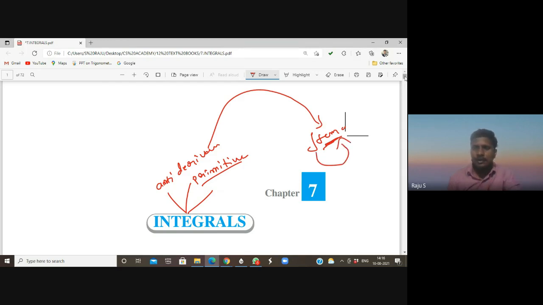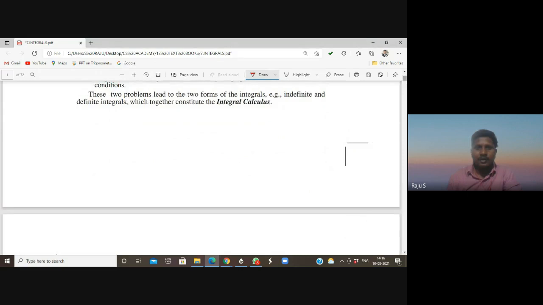You can call it by three names. There are two types. I have clearly written indefinite integration and definite integration, which together constitute integral calculus. When limits are not given, this is called indefinite. When limits are given, like 1 to 2, this is called definite.